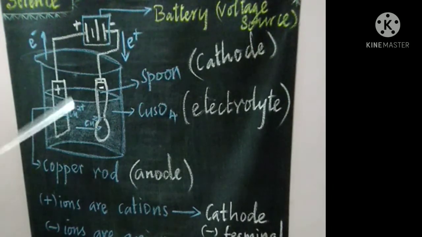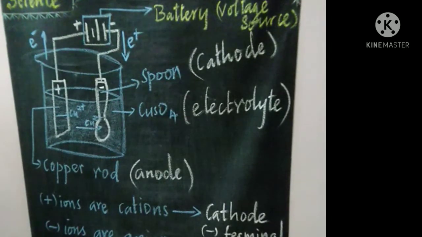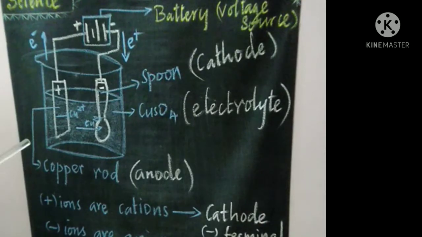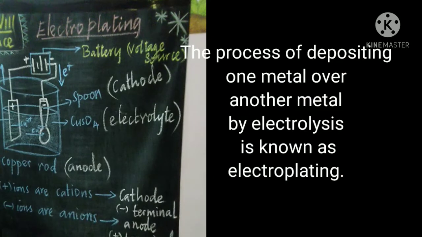Because some metals can easily be corroded or may undergo rust formation. To avoid those metals from corrosion, some of the metals can be overcoated, electroplated. So what is electroplating? The process of coating one metal over another metal.